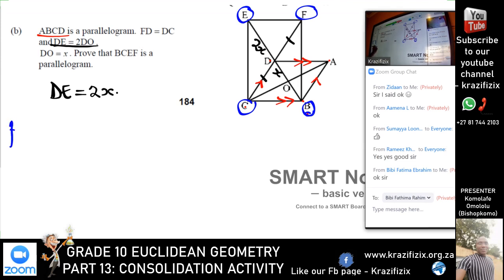What are the properties of a parallelogram? You must always know what to prove. Somebody talk to me. What are the properties that we need to prove here?